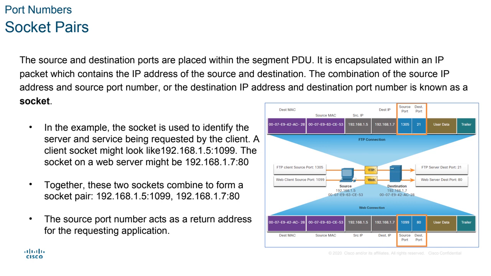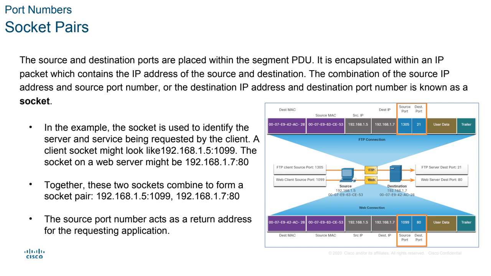Now we have another terminology called socket pair. A socket pair is nothing but the combination of the source IP address and source port and the destination IP address and destination port number. So in this example, a socket is used to identify the server and service being requested. For example, you can have 192.168.1.5 colon 1099.